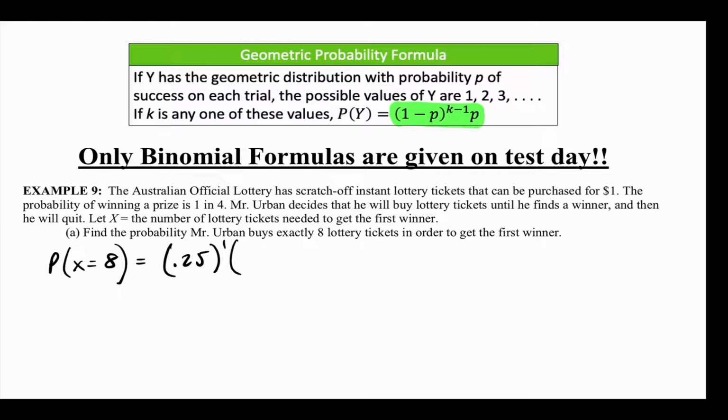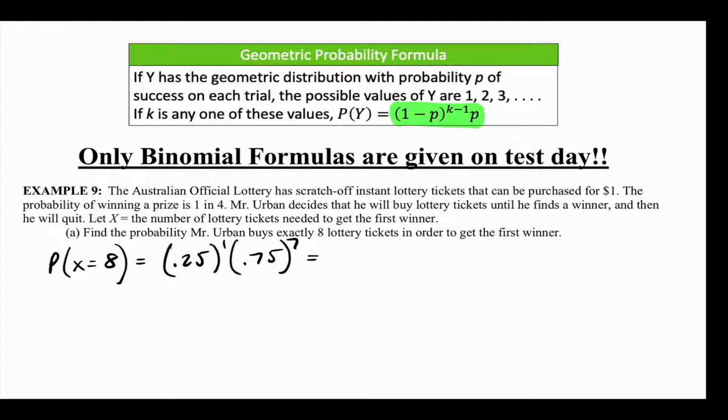What's the probability of failure? 0.75. How many failures is he going to have? 7. Done. I kind of did them backwards. This right here, 1 minus p, is this guy here, and p is this guy here. Success is always going to be to the first power with geometric because there's only one success.